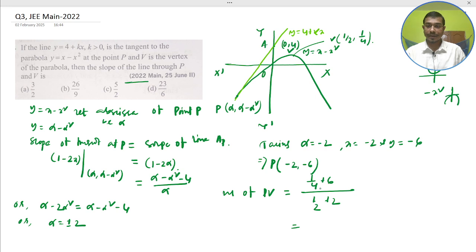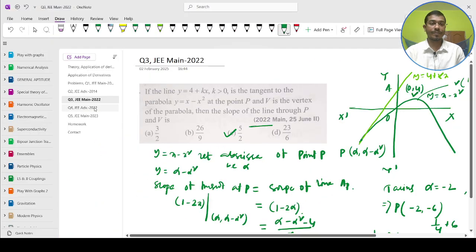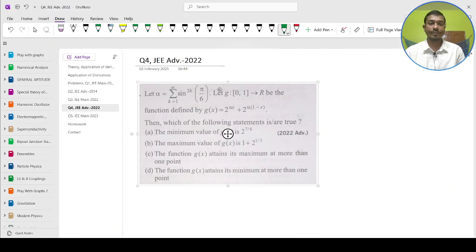That should be 5 by 2. So 5 by 2 would be your answer. Option C is correct. Try to understand this question, very important, conceptual, keep the formula in mind, and also rigorous calculation. Okay, go ahead, our next problem, question number 4.